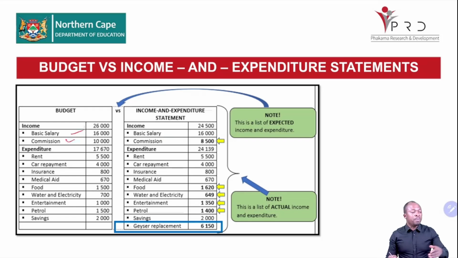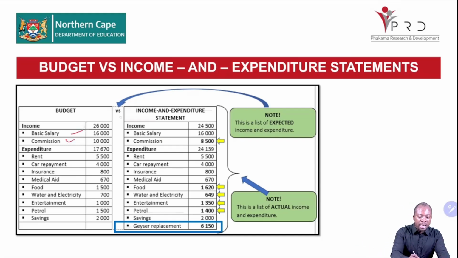So every laptop, let's say, is 5,000, but every time you manage to sell the laptop for 5,000, the company that you are selling for gives you maybe 500 rand back. So your commission is what? 500. And the laptop is what? 5,000. So the more laptops you sell, the more commission you get. Does it make sense to you? So you sell the item, then they pay you back. If you don't sell the item, you don't get anything back.